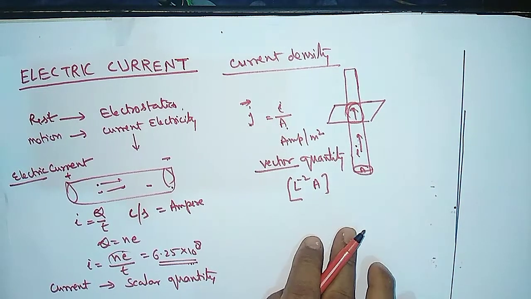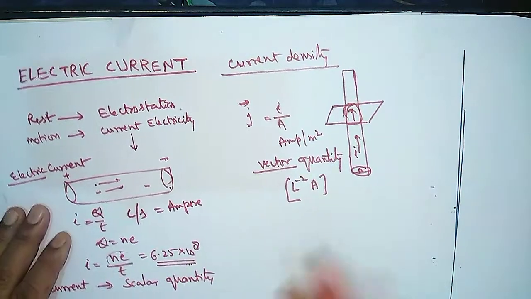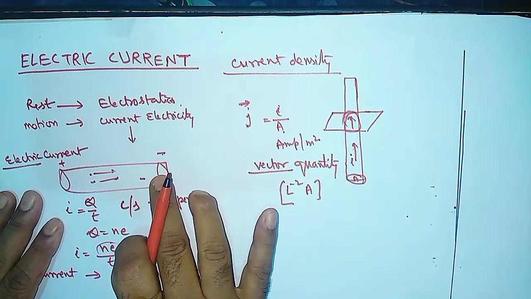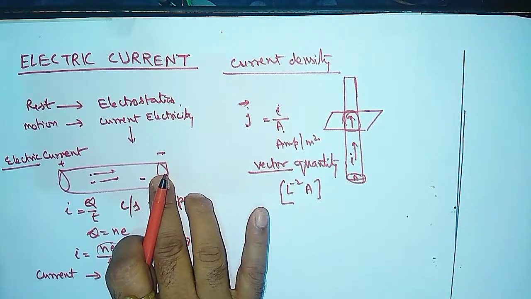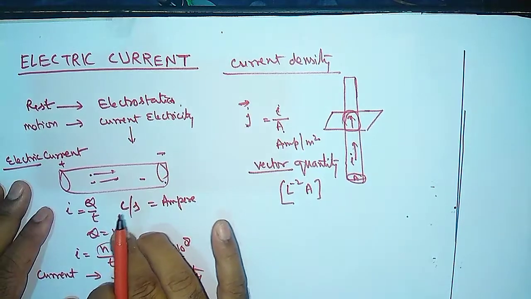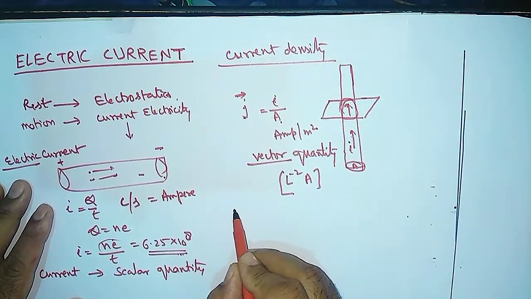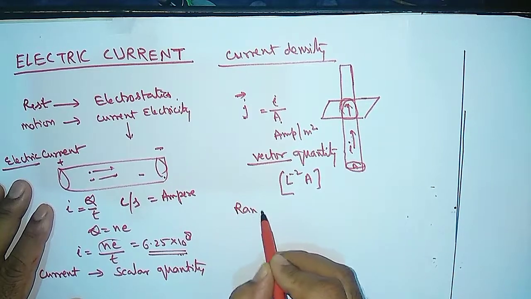Now in a metal, current flows from higher potential to low potential, you know very well. Now some terms you should know on the basis of the free electron model. Some terms like random motion. What is random motion?